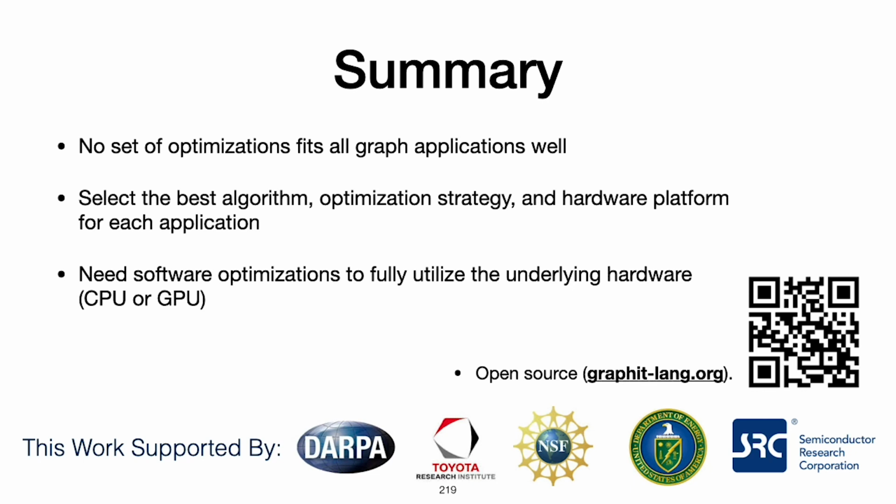You have things like road graphs that are much flatter with a lot of locality, and then you have social network graphs that have a very different structure, with a few nodes that have millions and millions of connections. So if you want to optimize graph algorithms, you have to do many different optimizations, and depending on the graph shape and size, the algorithm and the hardware, the set of optimizations you have to do might be different.